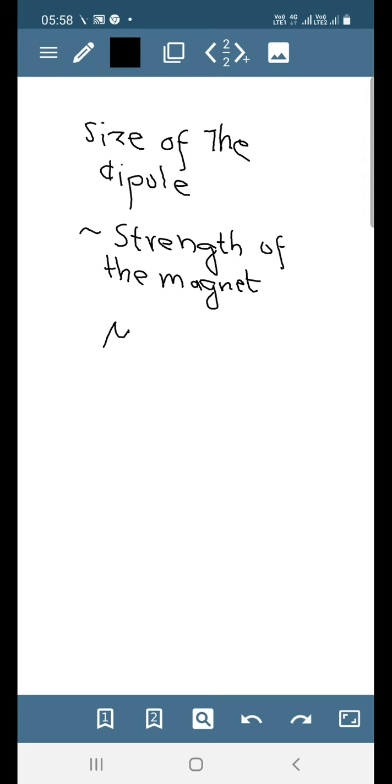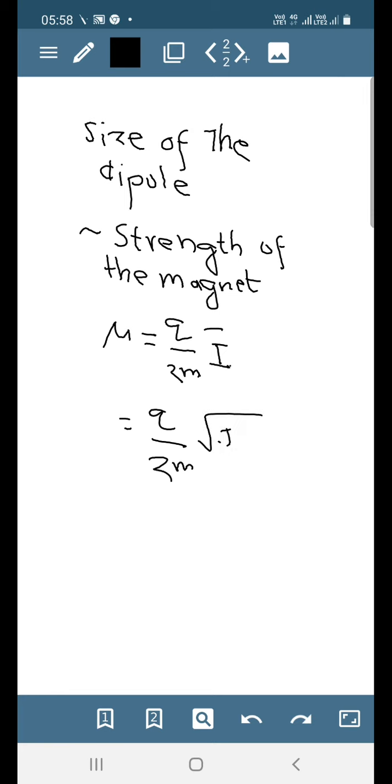I can write mu is equal to Q by 2m into I, where I is the angular momentum associated with the nuclear spin. So we write Q by 2m into root I into I plus 1 times h cross.